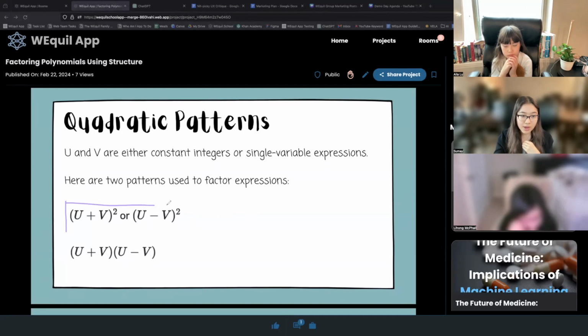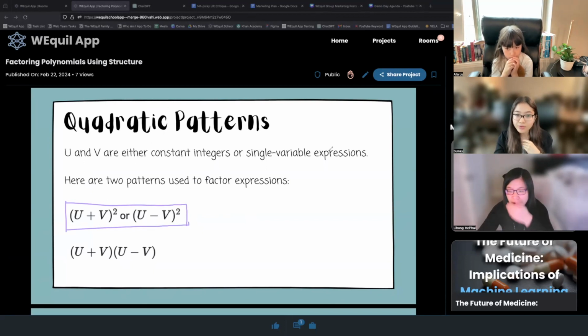One is if you have u and v that are either constant integers, or constants that we were talking about earlier, or single variable expressions, which means you might have 3x as an example as one of u or v, or you could have just a regular number like 8. And so these are just general structures that you might see in quadratics.